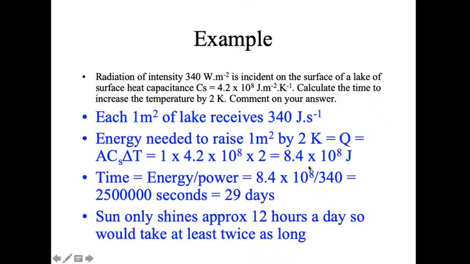We need 8.4 times 10 to the 8 joules in that 1 meter squared to raise it by 2 degrees. We want to find how long it takes with this power per area. So time is going to be energy divided by power. So energy, 8.4 times 10 to the 8 divided by power, 340. It would take 29 days. But the sun only shines approximately 12 hours a day, so it would take at least twice that long.